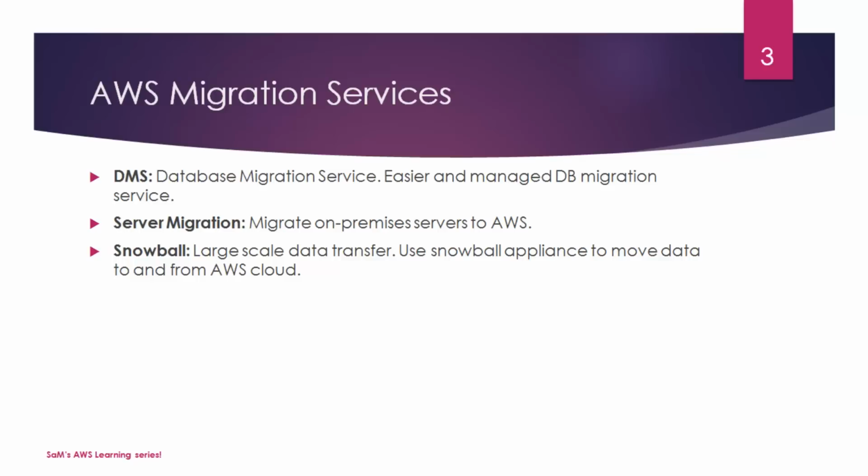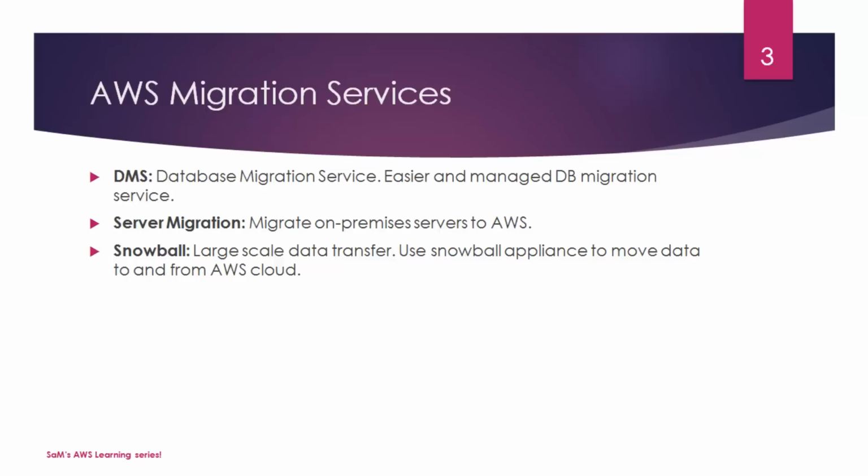And then we have something called as Snowball. Snowball is used for large-scale data transfer, something in petabyte scale data transfer. So use Snowball appliances to move data from and to the AWS cloud.